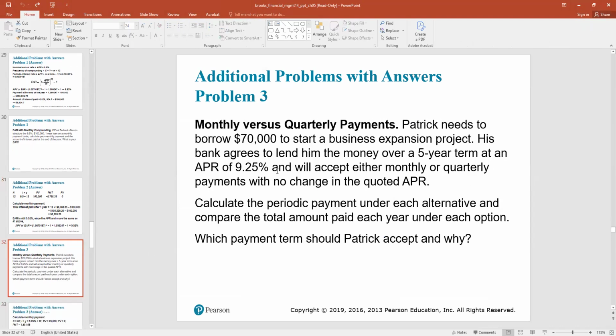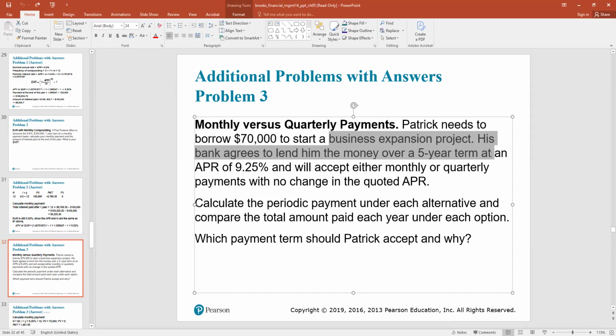Okay. Patrick needs to borrow 70,000 to start a business expansion project. His bank agrees to lend him the money over a 5-year term at an APR of 9.25% and will accept either monthly or quarterly payments with no change in the quoted APR. By the way, if you see the word APR in the question, that's a mistake I have seen from students in previous semesters.